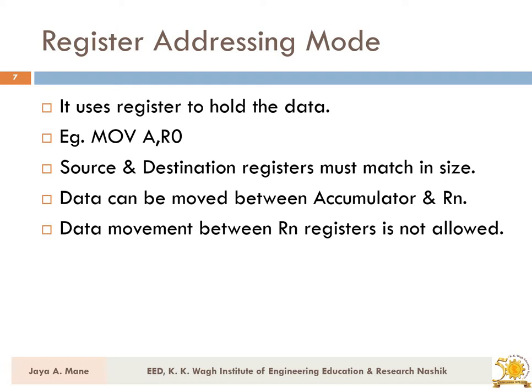I don't know the number and I'm not bothered about it. I just want to move the number stored in the location named R0 and get it into the accumulator. So that is your register addressing mode. You are calling that data not by the number itself, but by the address of the location in which it is stored.